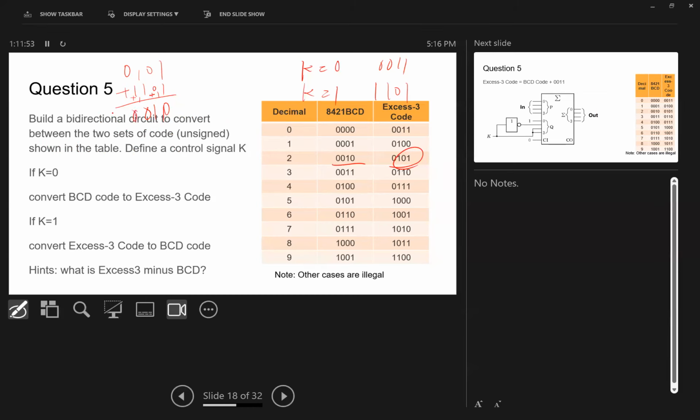It's quite similar to question 5. I will give you 1 minute to think about it. You don't need to give me the solution, maybe just tell me what we need to do under what situations.